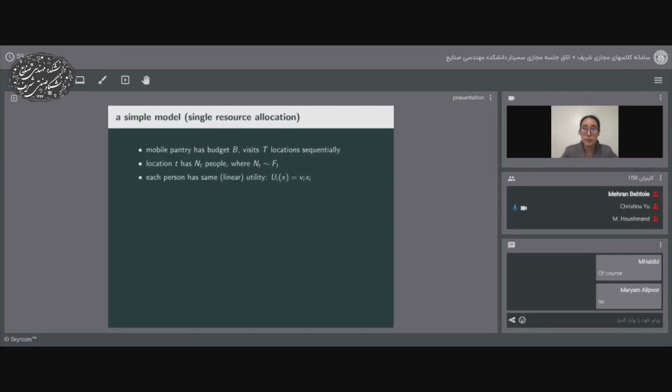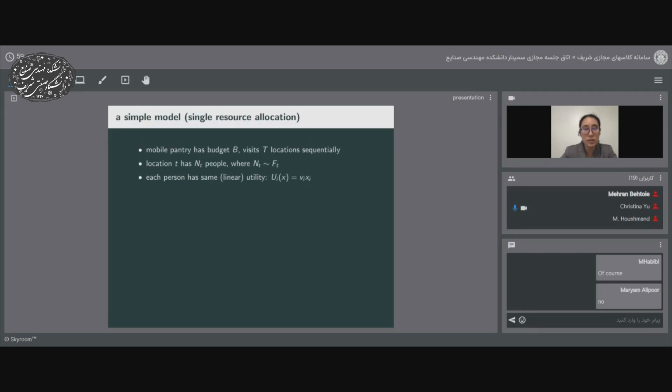So let's start with a simple model where we are only looking at single resource allocation. Suppose we have a mobile food pantry that has a budget B. It visits T locations sequentially, and each location will have N_t people, where this number of people is sampled from a distribution.